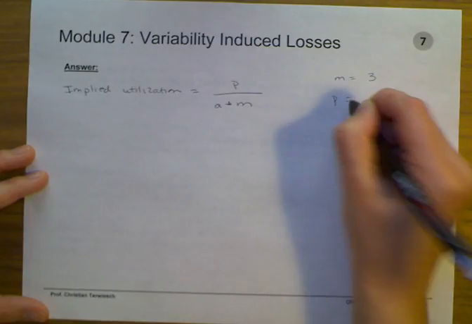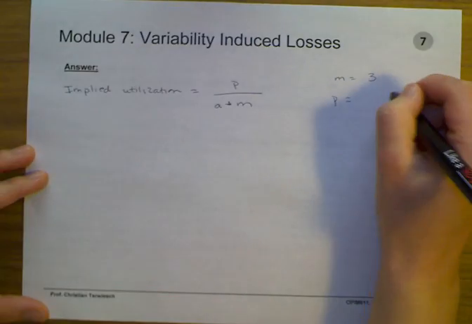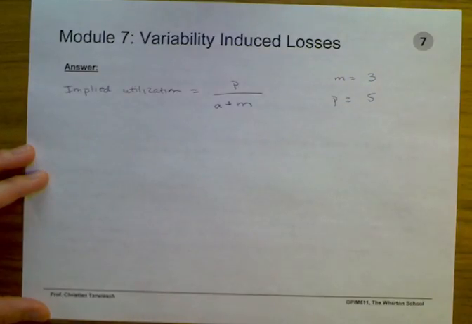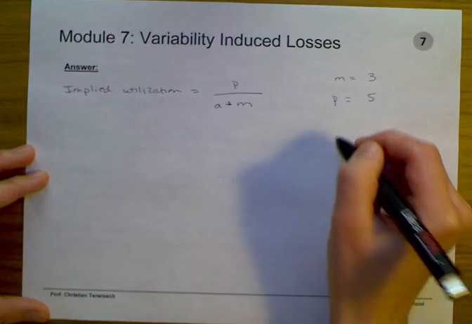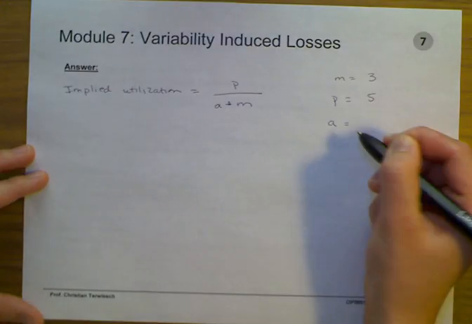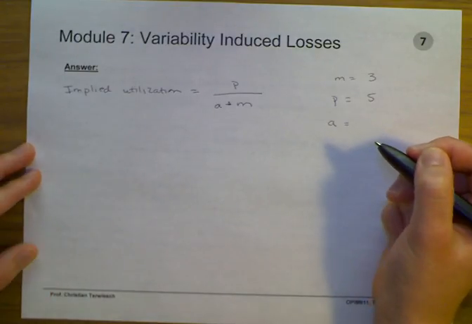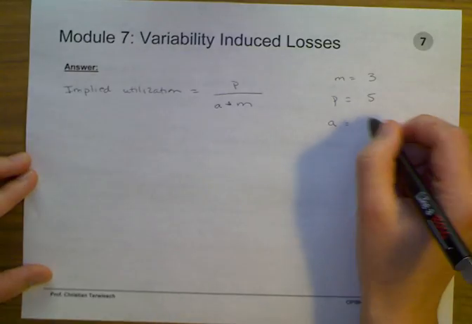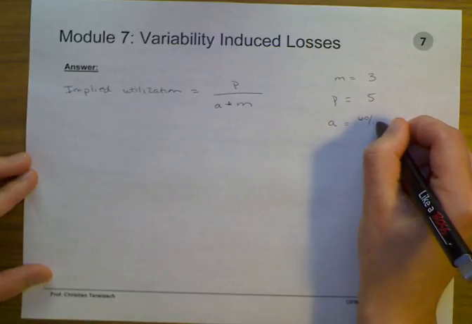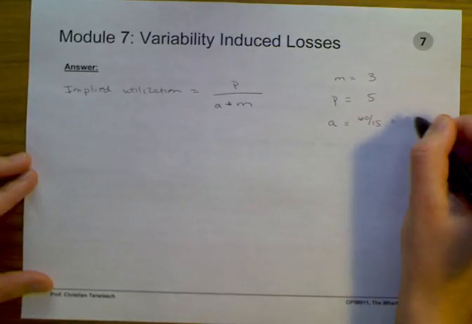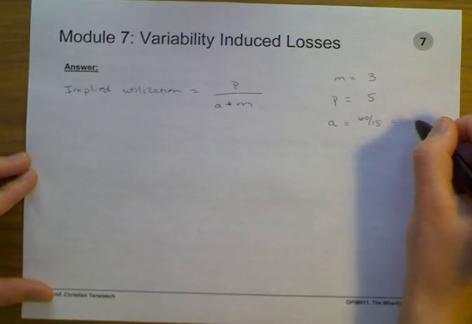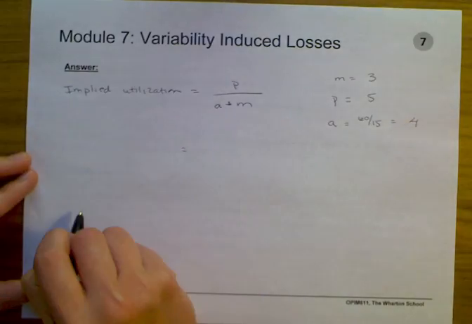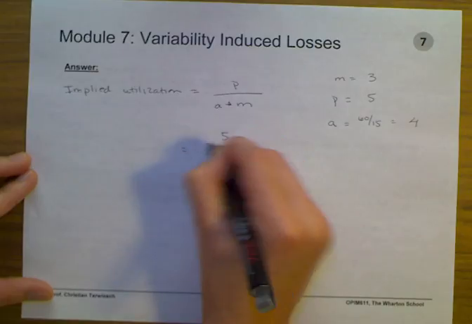We also know that on average they are spending 5 minutes with each customer on the phone. And to find a, the average inter-arrival time, we know that they get about 15 calls per hour. So if you take 60 divided by 15, those calls are arriving approximately every 4 minutes. So we can sub those values in here.